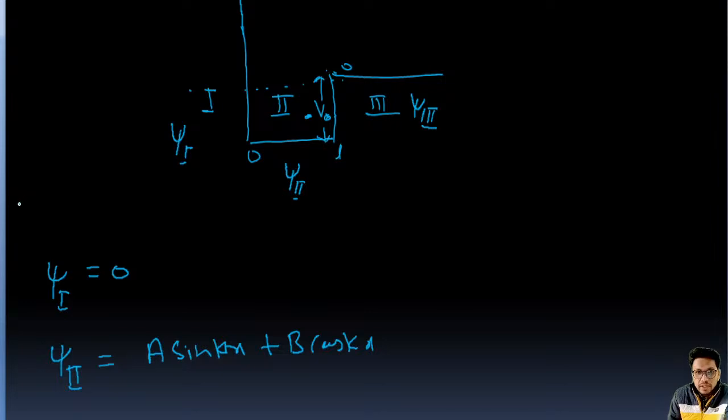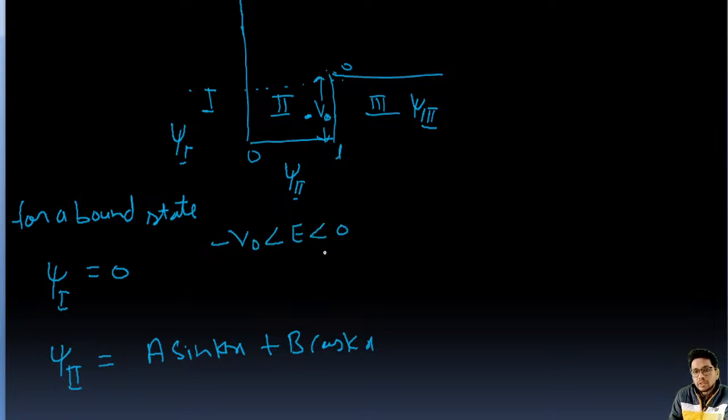So here we take the region for a bound state, which is between minus v naught less than or equal to energy less than or equal to 0. For this bound state we are finding the value.